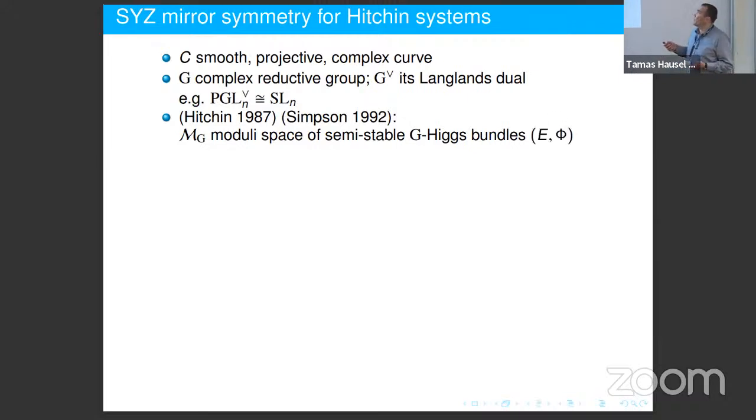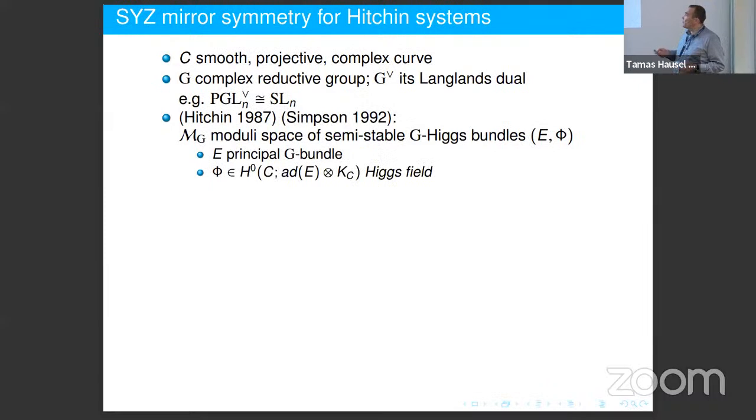A Higgs bundle is just a pair of a principal G-bundle together with an auxiliary field, the so-called Higgs field, which is a section of the adjoint bundle of the principal bundle with values in the canonical bundle of the curve.